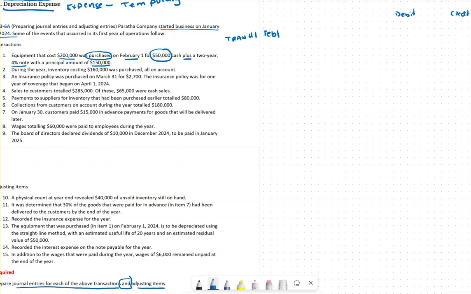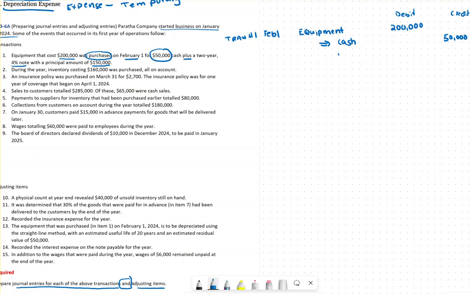What did we get? We got equipment. Equipment is an asset. If it's an asset, it increases, and if it's an increase, it will be my debit. If you indent it, it means it's a credit, so it's cash. We paid them $50,000. Then we signed a note.